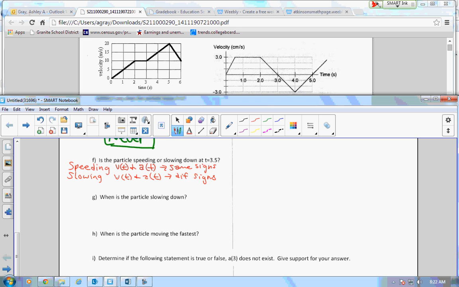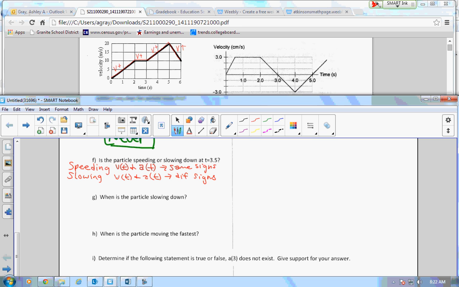So, at 3.5, look at the graph. You should go through and mark acceleration and velocity signs. This entire graph is velocity negative or positive? Positive. So all sections we have positive V, positive V, positive V, positive V. At the beginning, what's the acceleration?